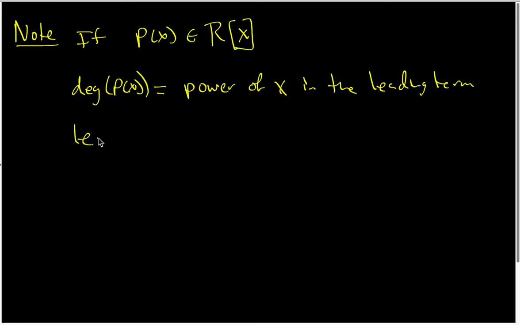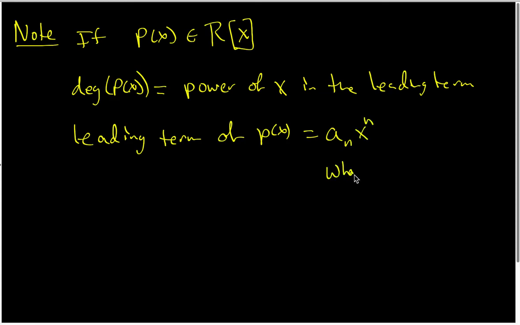And the leading term of p(x) was equal to a_n times x to the n, where a_n was not equal to 0, and this was the highest power of x in the polynomial. So n is the highest power of x.